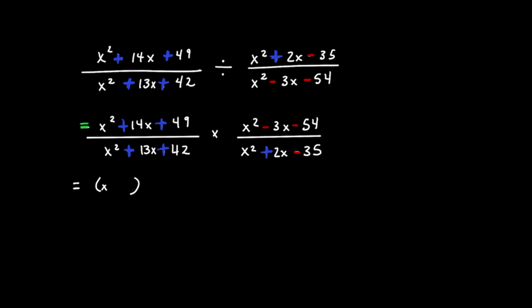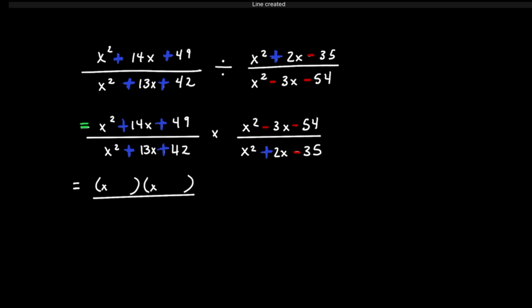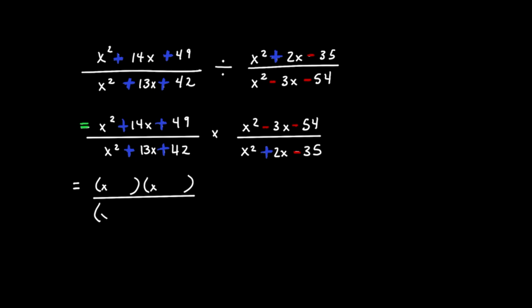All right, so when we look at the top left, we have positive and positive, so both of those will end up being positive. Same for the denominator. I'll go ahead and put that as an appropriate symbol.